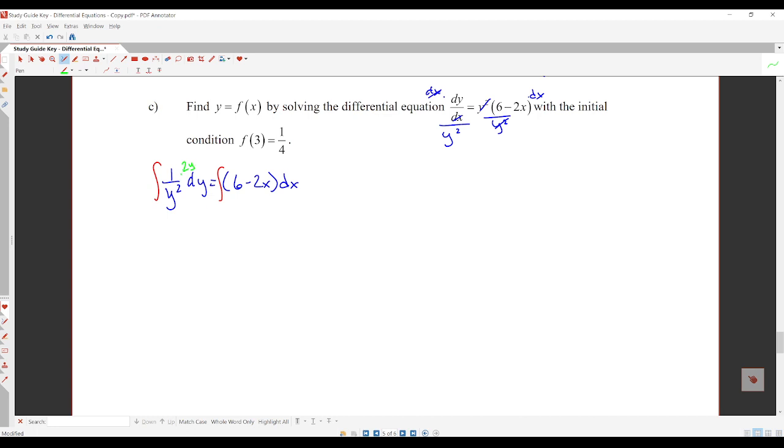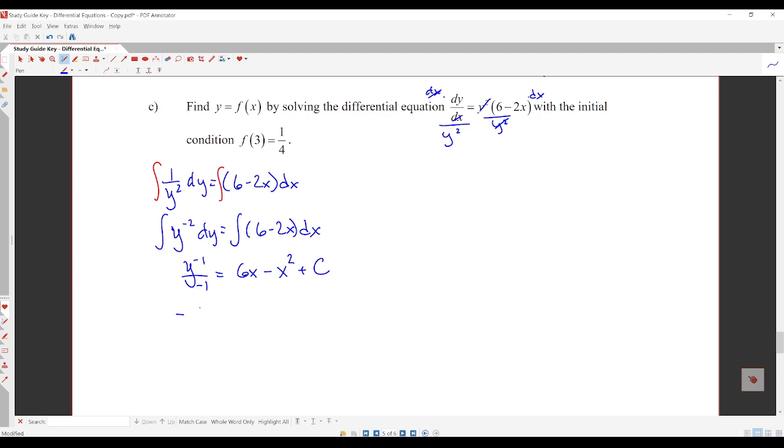We cannot balance that y. So we cannot integrate this as a ln. So the first thing we need to do, and we've done this before, is to rewrite that as the integral of y to the negative 2 dy equals the integral of (6 minus 2x) dx. Now we can use the power rule. I get y to the negative 1 over negative 1 equals 6x minus x squared plus c.